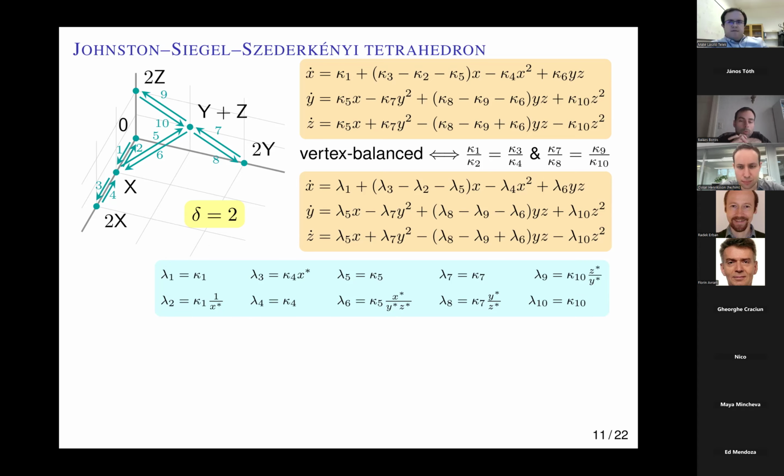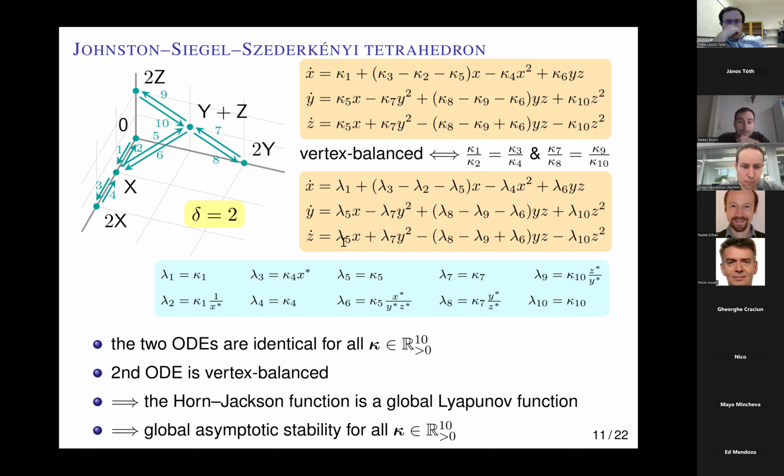I don't need to know a priori whether this positive equilibrium is unique. The only thing I need is the existence. And the great thing is that with this choice of the lambdas, the two ODEs are identical for all parameter values, all kappas.